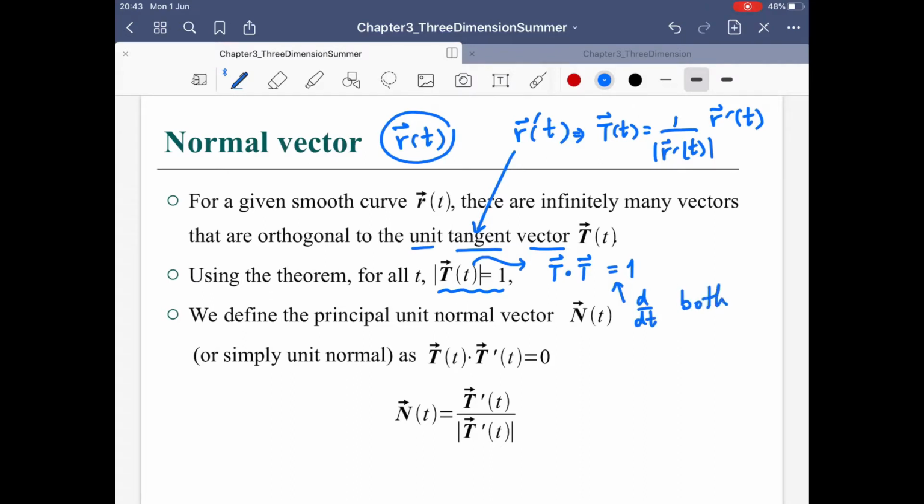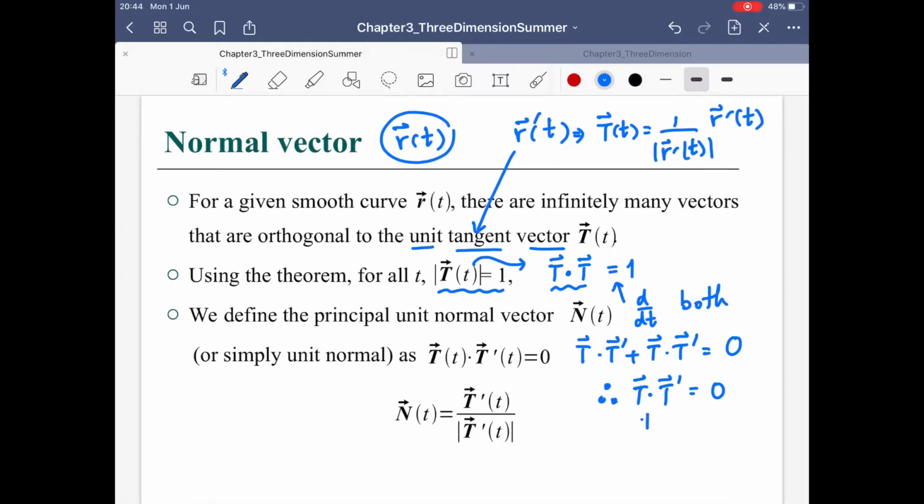So you are going to have the product rule: the first derivative of the second plus the second derivative of the first, which happen to be the same thing, but the derivative of the constant on the right becomes 0. So it means that twice T dot T prime is 0. So you divide the whole thing by 2, and you get T dot T prime equals 0.